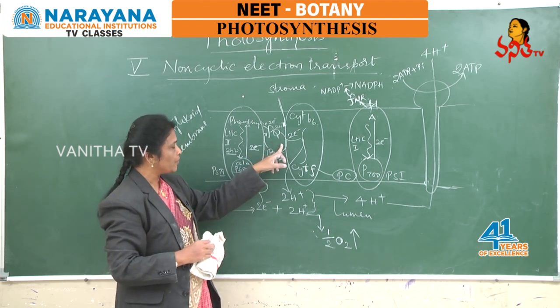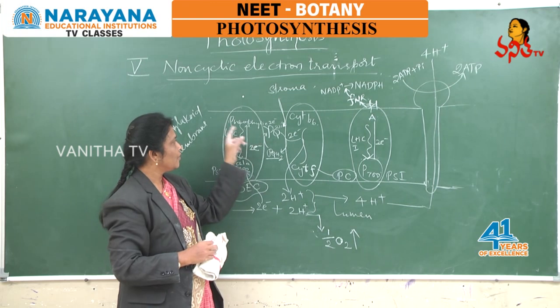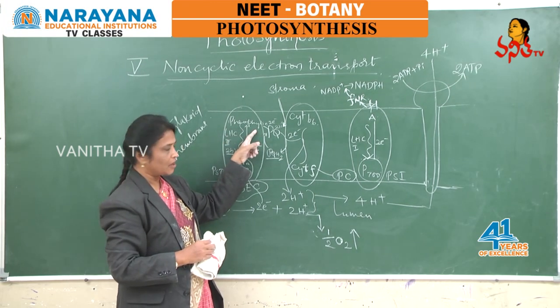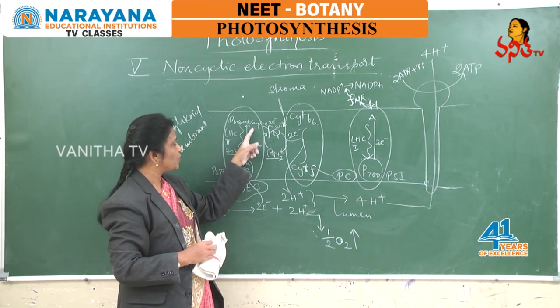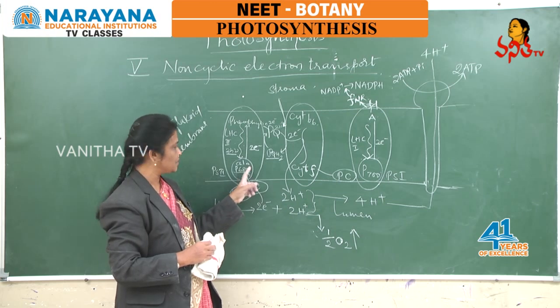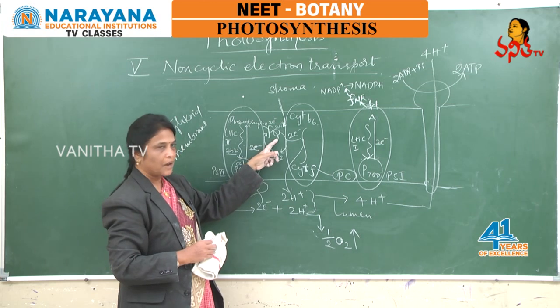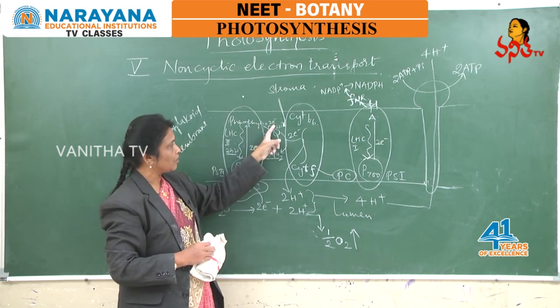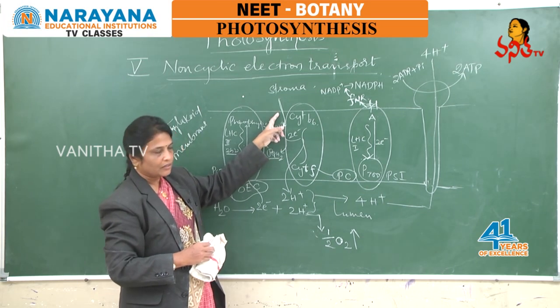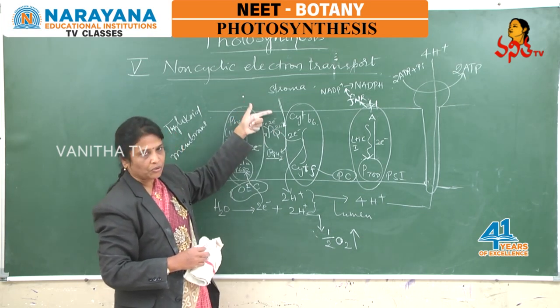So here, all of you, once again let us follow. Pheophytin has 2 electrons, and it is the primary acceptor of electrons from excited P680. Now those 2 electrons are received by plastoquinone, and plastoquinone not only takes those electrons, it also takes protons, and the proton source is stroma.